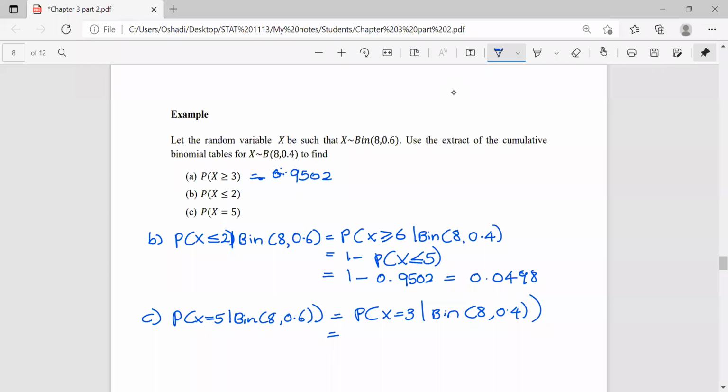So using the binomial cumulative probability table, we can find 0.5941 minus 0.3154.